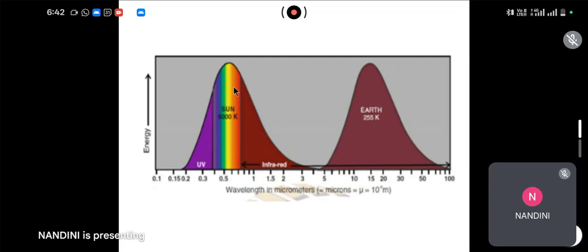Yeah, 500 nanometer or 0.5 micrometer in case of the sun, it is peaking in the visible range. Whereas in case of earth, which is having a temperature of around 255 Kelvin, so 15 degrees Celsius is approximate temperature.